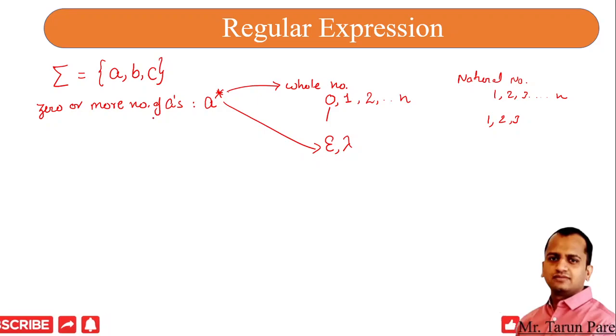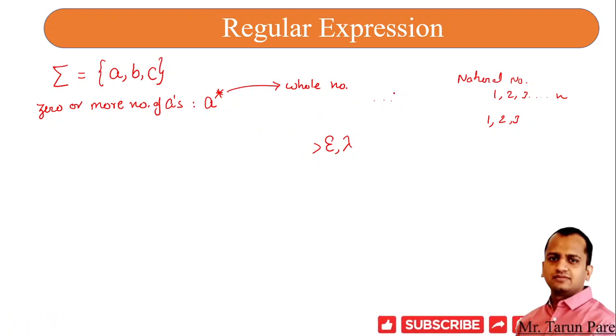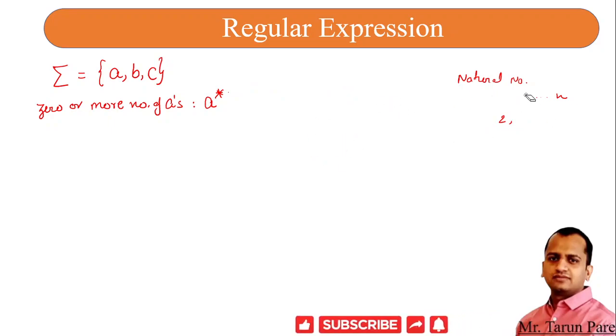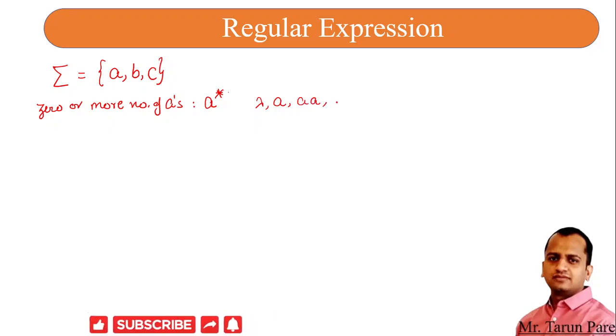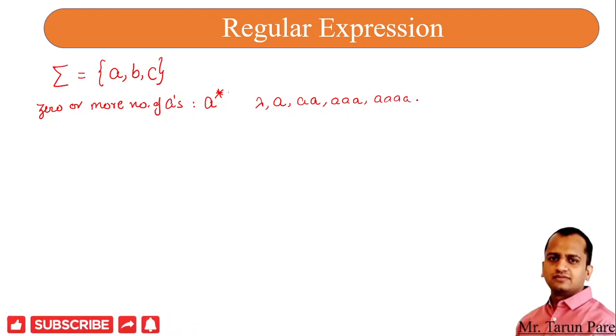So if you want to pass zero or more A's and represent it in the form of A star, you will represent it as lambda, a, aa, aaa, four a's, five a's, or any count of a up to what you want.